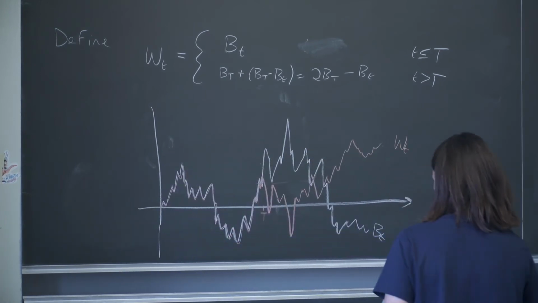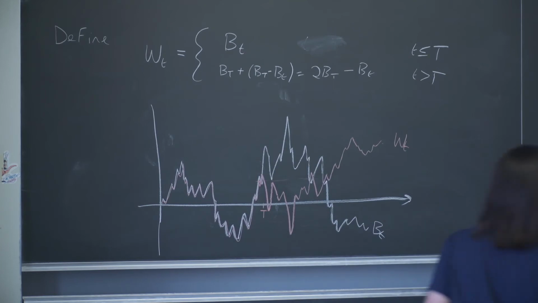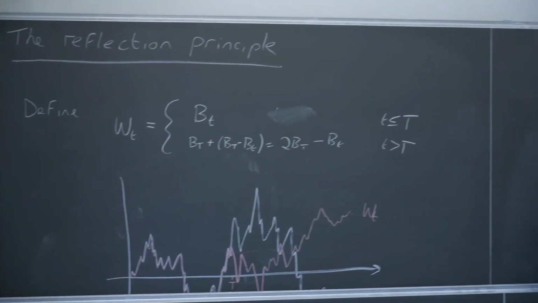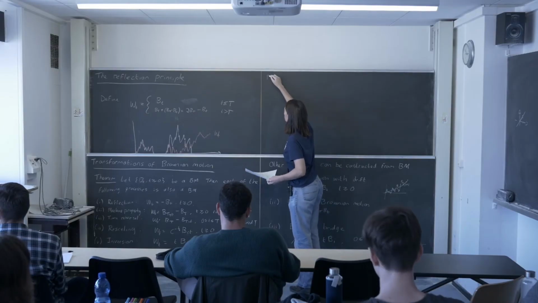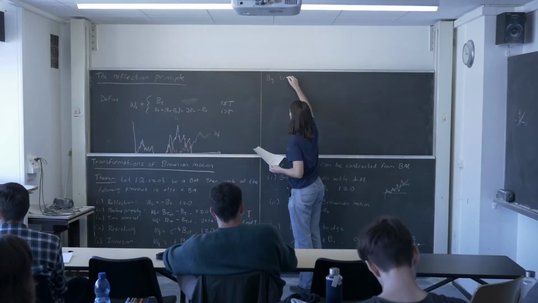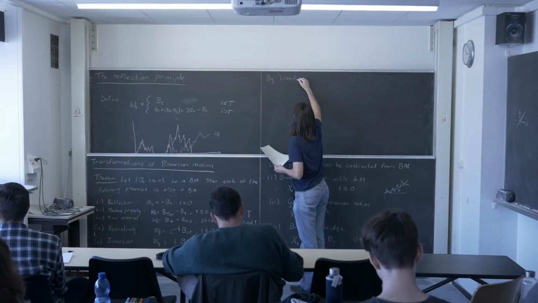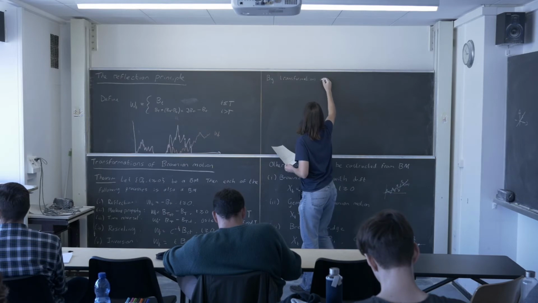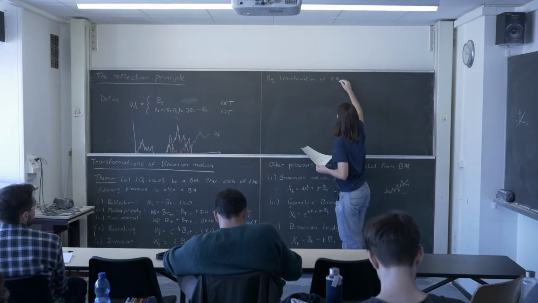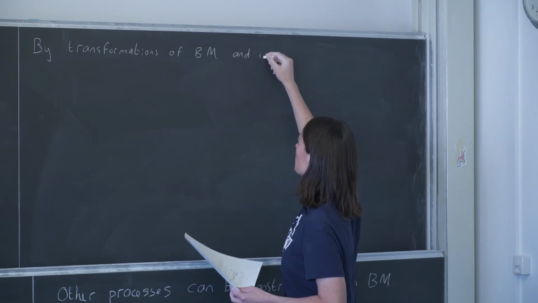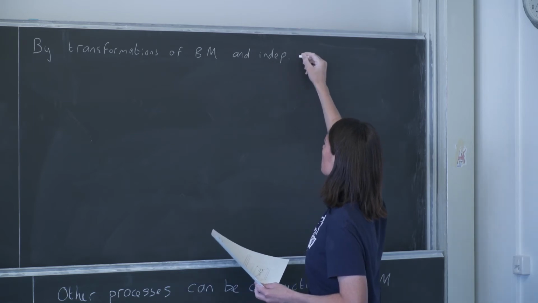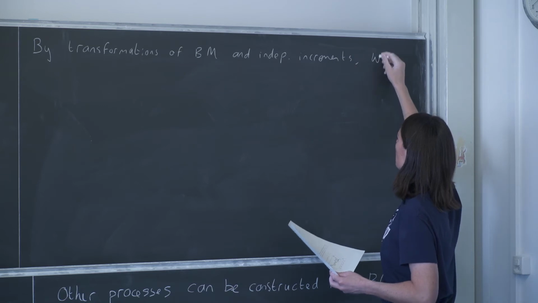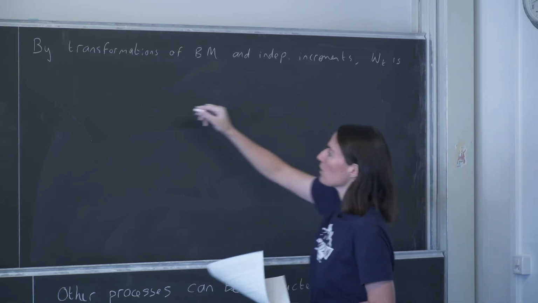So by the transformations of Brownian motion, and independent increments, Wt is a Brownian motion.